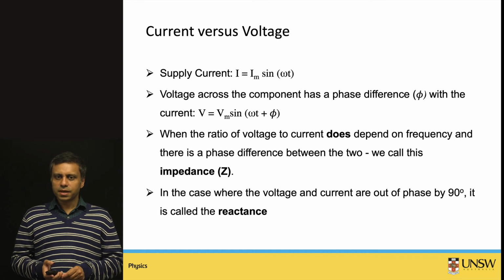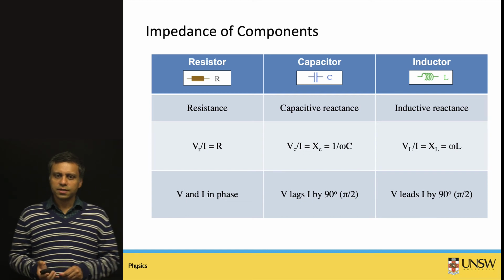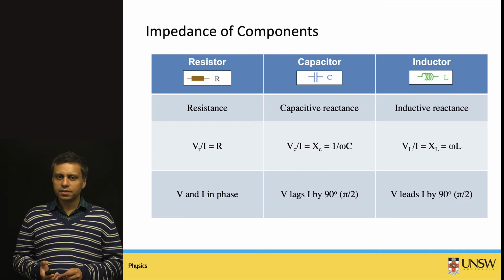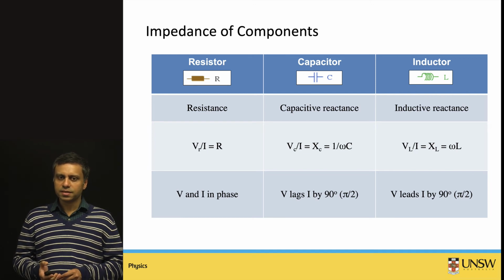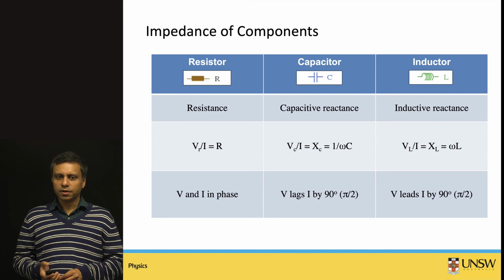Now this is to summarize the current-voltage relationships of the three components in an AC circuit. First we show the resistor, and the resistance is defined in the same manner as for DC circuits. It's just voltage over current, and in this case voltage and current are always in phase.